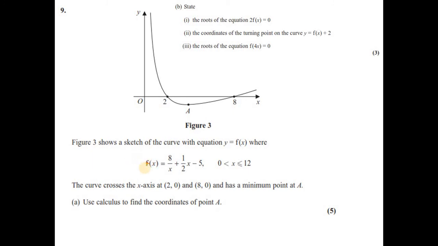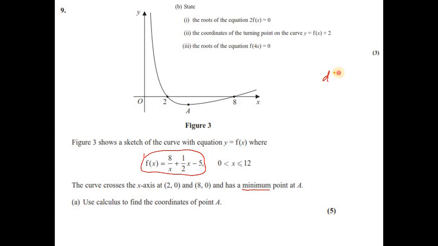Whenever they give you the equation of the curve like this, and they say that there is a maximum or a minimum point on the curve, the idea is you need to differentiate the equation of the curve.